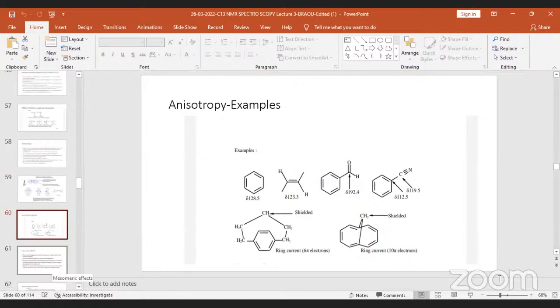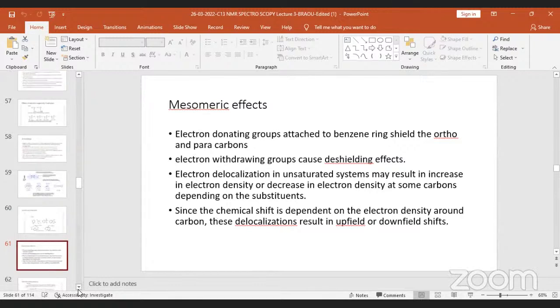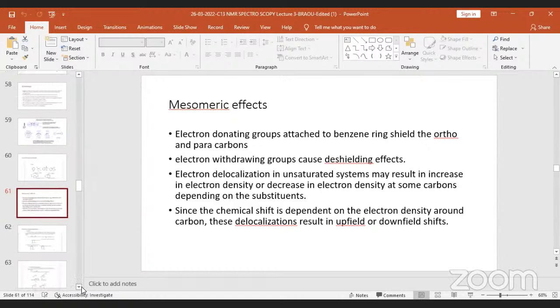Just to compare. And then mesomeric shifts mean electron delocalization effects. For example, when electron donating groups are attached to a benzene ring, they increase the electron density and shift ortho and para carbons upfield. Therefore, in anisole, phenol, aniline, and all those molecules, ortho and para carbons are shifted upfield.